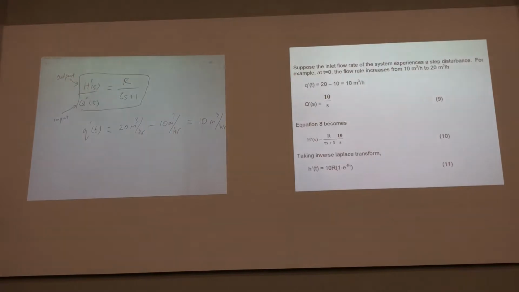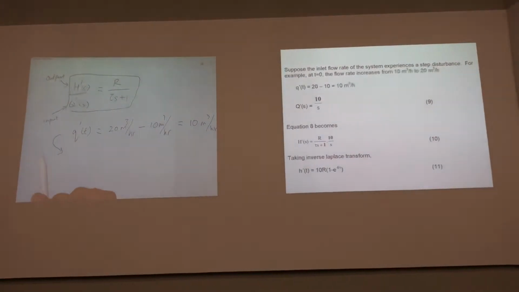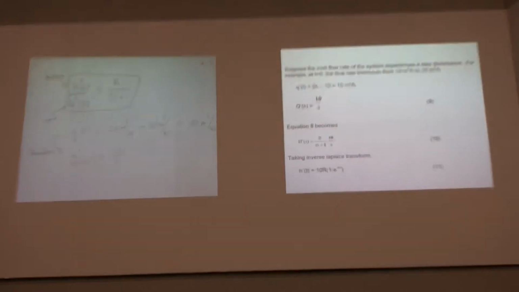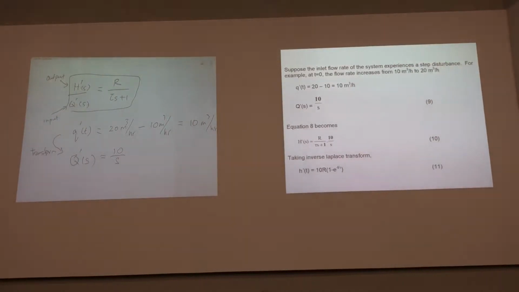So to transform q prime, it becomes big Q S. You use the table, small q changes to big Q. 10 is a step of size 10, so if 1 unit is transformed, it becomes 1 over S, and 10 becomes 10 over S. This is what we have in equation 9.